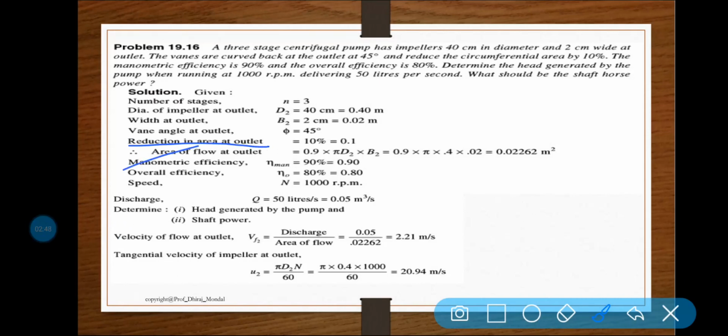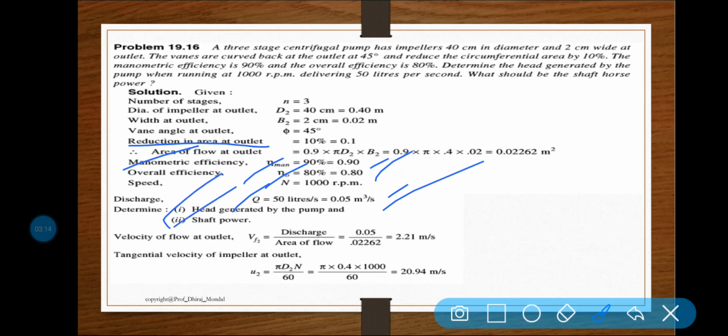So manometric efficiency is 0.9, overall efficiency 0.8, N 1000, Q 50 liter per second, that is 0.05 meter cube per second. Now what do you need to find out? You need to find out the shaft horsepower and the head generated by the pump. These two answers you have to find out.